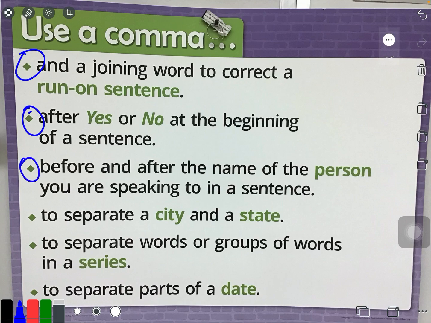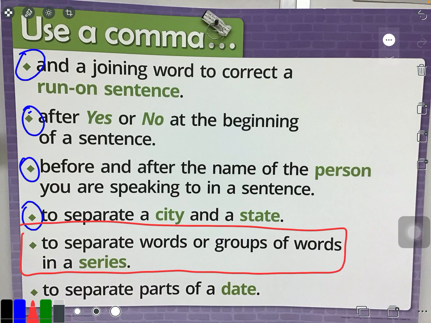We use commas when we are speaking before and after the name of a person we are speaking to in a sentence. And we also use commas to separate a city and a state. Now, we're going to look at the fifth rule. We use commas to separate words or group of words in a series. So let's use this rule here.